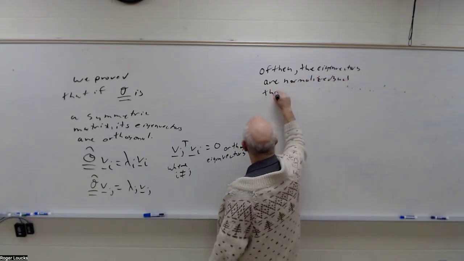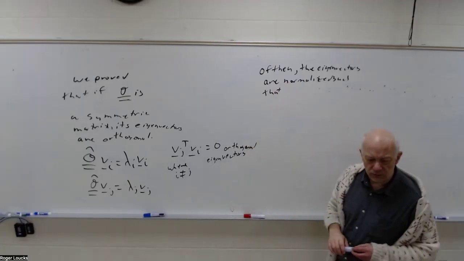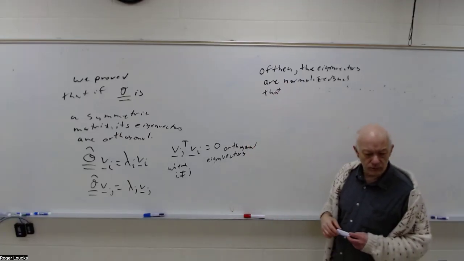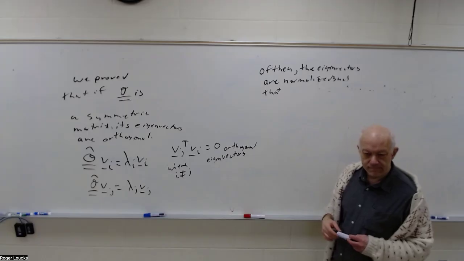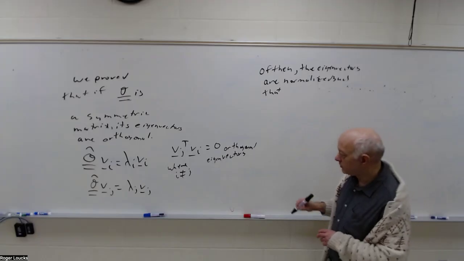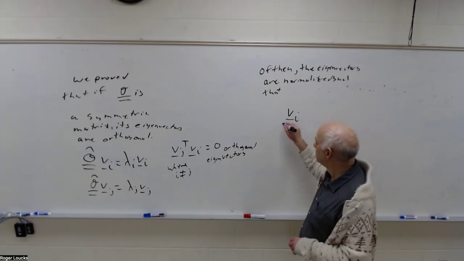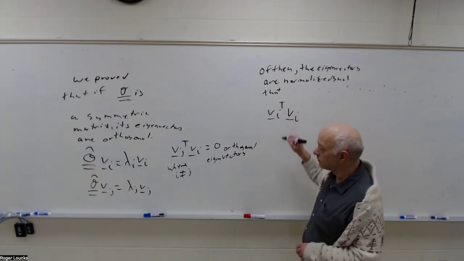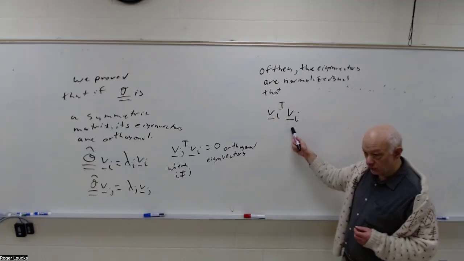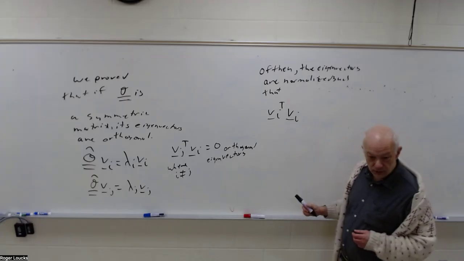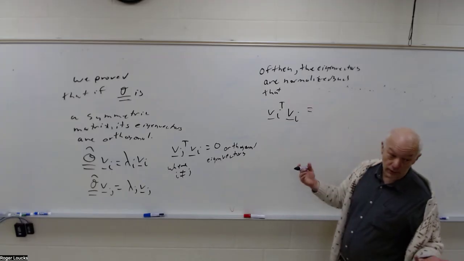So what do you think it means to normalize the eigenvector? Something times something equals 1. So I want v_i times v_i transpose. I'm taking the eigenvector and multiplying by its transpose, and I want to set this to 1 if it's normalized.